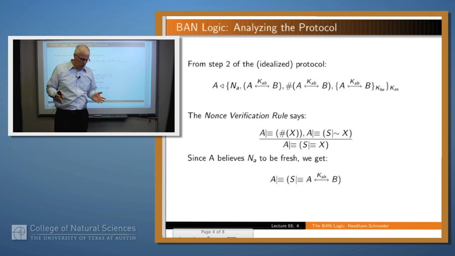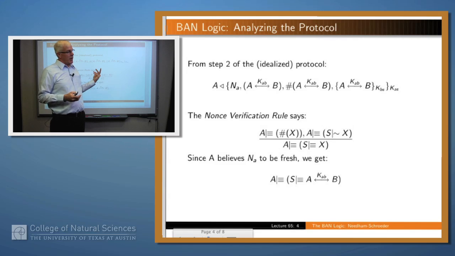Okay, so what do you do in any logic or in any proof? Well, you start with a set of assumptions, which we showed on the previous slide, and then you try to reason from those based on the inference rules to new pieces of information. And in particular, hopefully you'll get to the specification, the things that you want the protocol to accomplish.